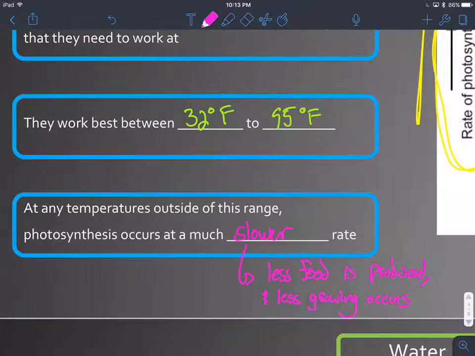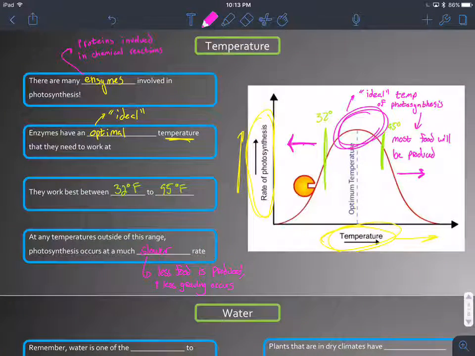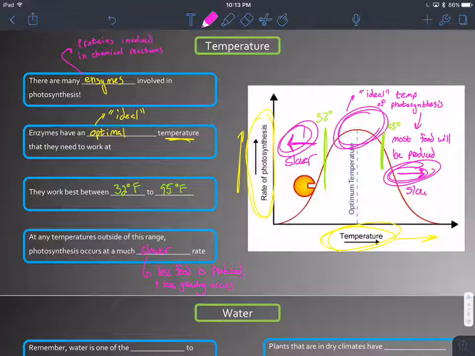So that's twofold. Here and here, this is where the photosynthesis is going to be slower because it's outside of that optimal range, and we're going to have less food being made and less growth occurring. Okay, so we have our optimal range of temperature, and this is where photosynthesis is going to occur the best, between 32 degrees and 95 degrees.